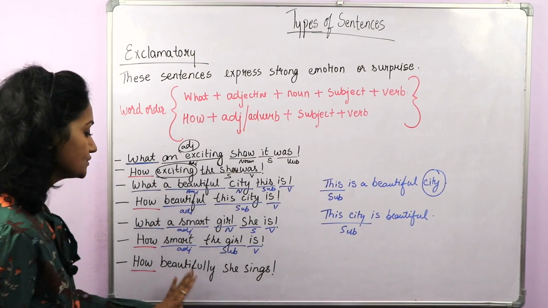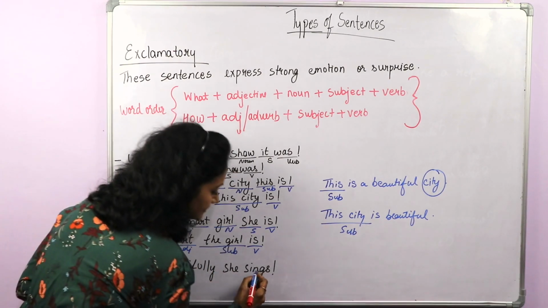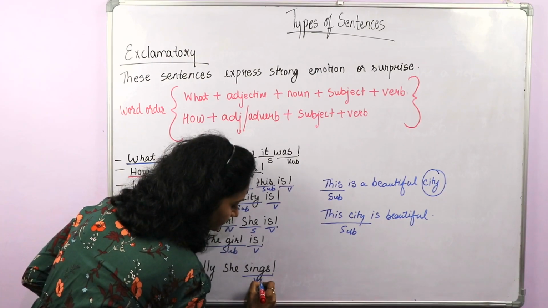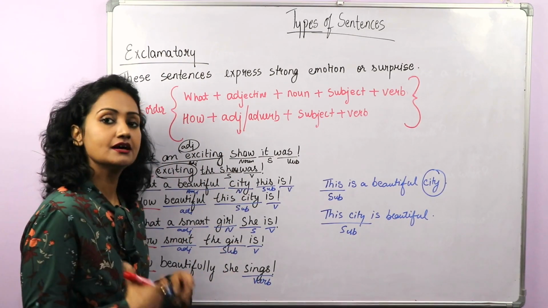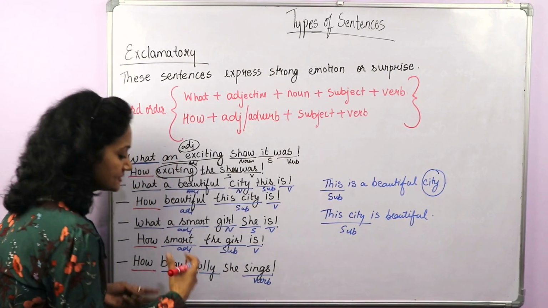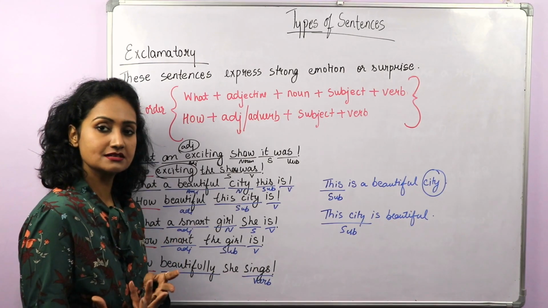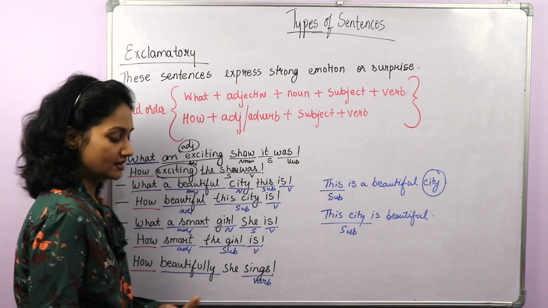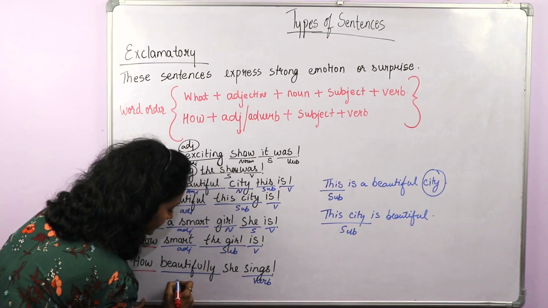Okay, now here look at this sentence. Okay, how beautifully she sings. So here sings is the verb. Okay, and how beautifully she sings. So this word beautifully is describing the verb, how she sings. She sings beautifully. So here it's not an adjective, it is an adverb.